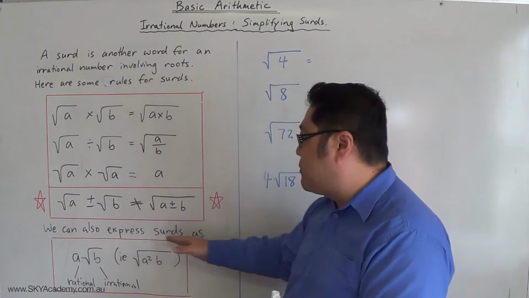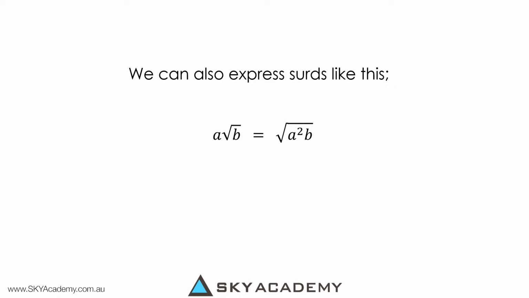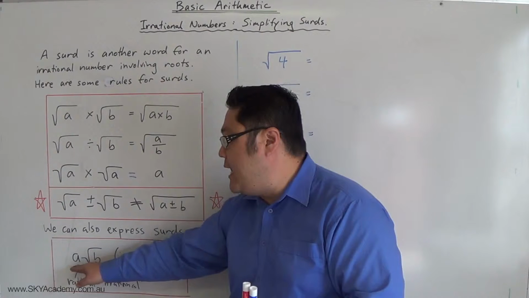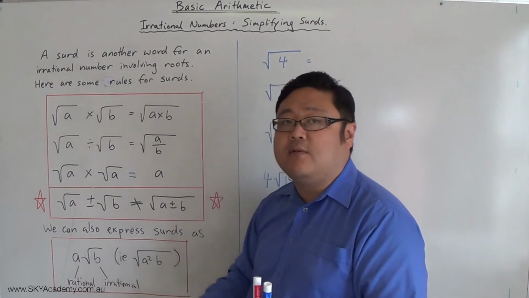But here's something that I want you to know. We can also express surds as the product of a rational number and an irrational surd. So A root B means the rational number times the irrational number.